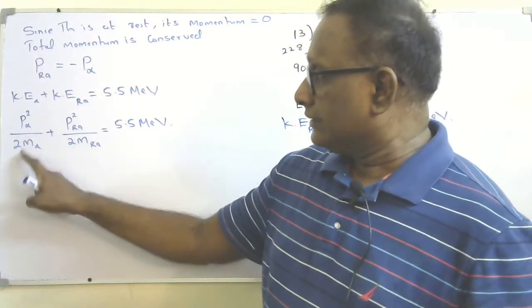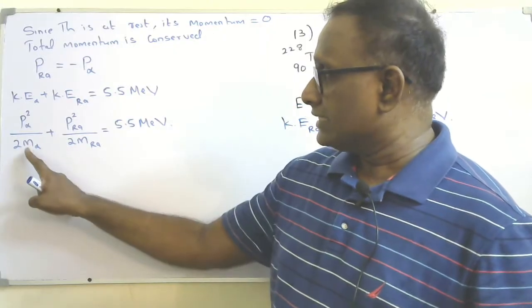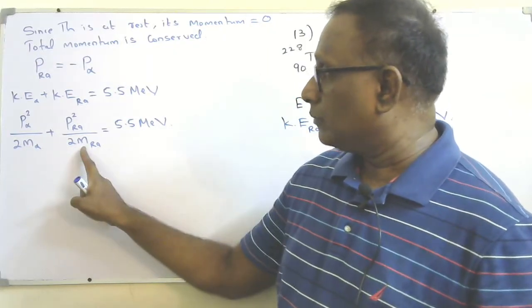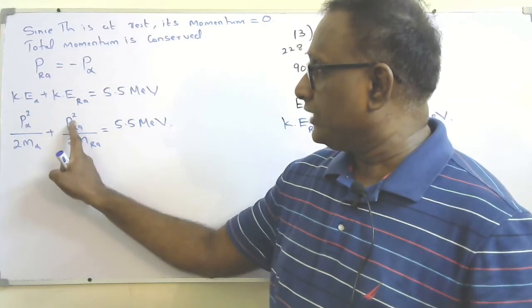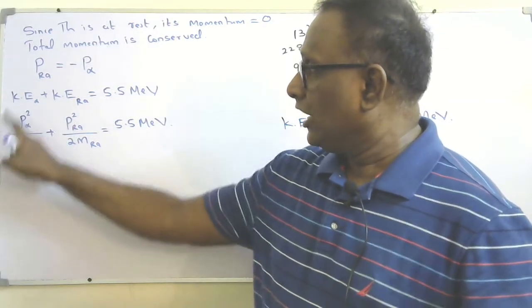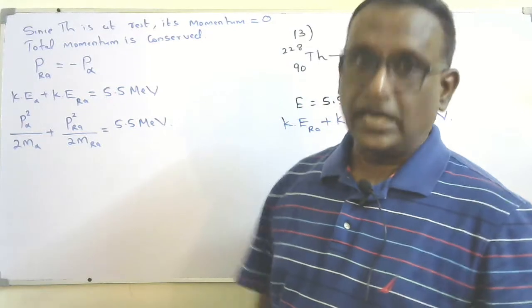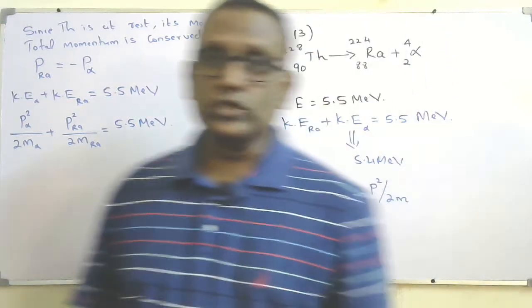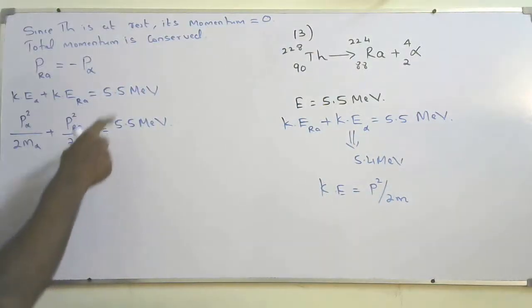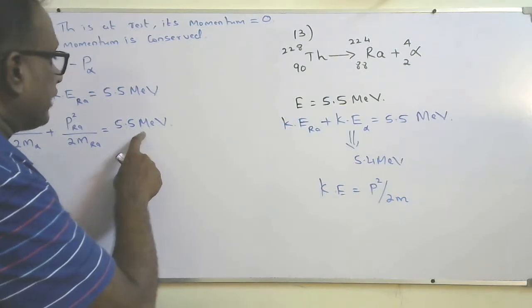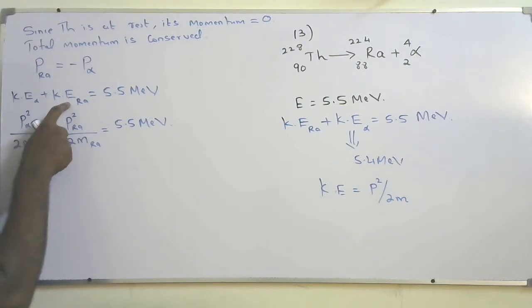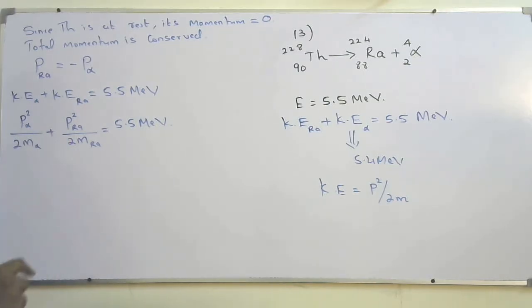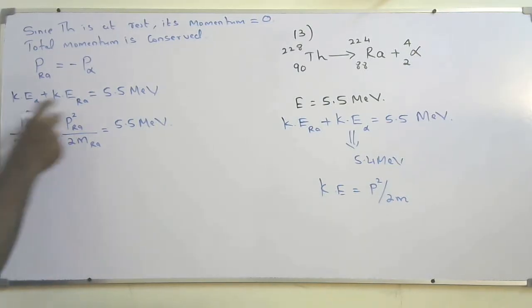The denominator is much smaller than the mass of radium, while the numerator has the same magnitude, so this quantity will have a larger value. We can show that. The total energy released, 5.5 mega electron volt, will be divided across the alpha particle and radium according to the ratio of these two quantities.